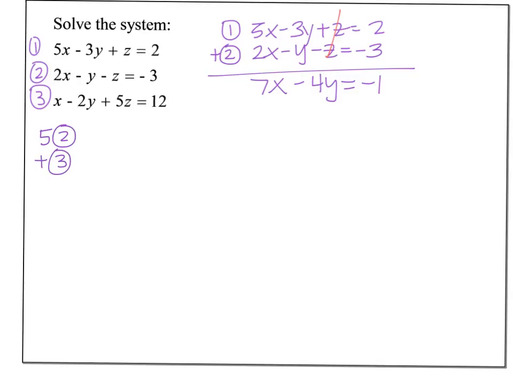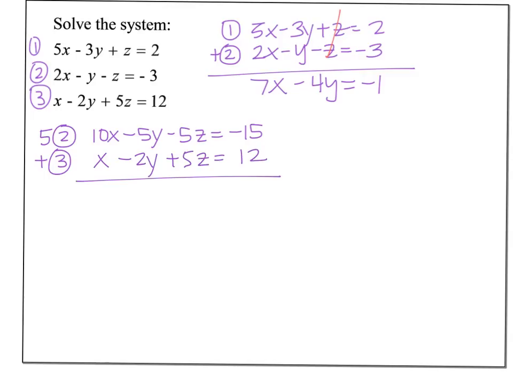So if I do 5 times 2, I get 10x minus 5y minus 5z, and that equals negative 15. You cannot forget to multiply the right side as well. And then we're having 3, so 3 just stays the same.